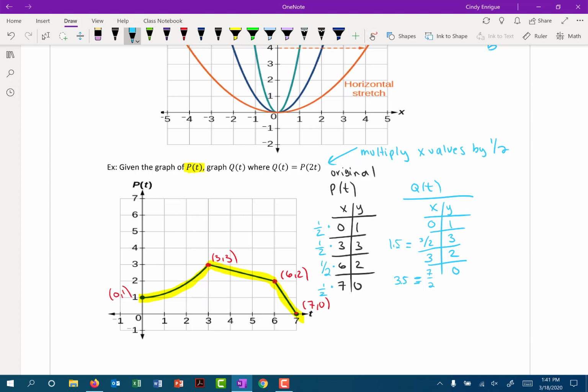Okay. So, all right, I'm going to kind of clean up my original graph, so that way it's a little bit more clear on what I'm doing over here. So here are going to be my new points. So I have 0, 1. That did not change. So I'm sharing a point. Now I have that 1.5. So 1.5 is smack between 1 and 2. So I'm somewhere in there.